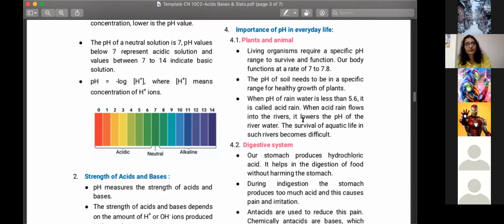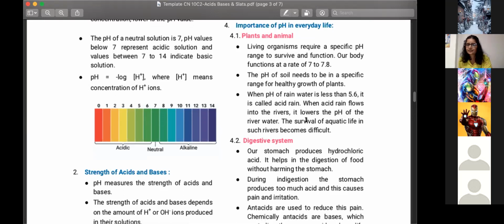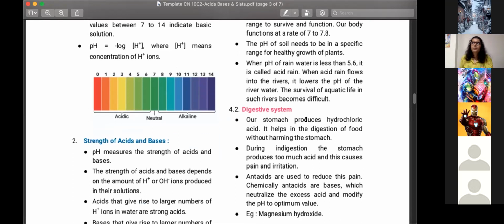Does it corrode buildings also? Yeah, in really high concentrations, then yes, that corrodes buildings. Again, it depends, like if your building statues are made out of marble, calcium carbonate, you've studied that acids react with calcium carbonate, so that kind of thing happens.